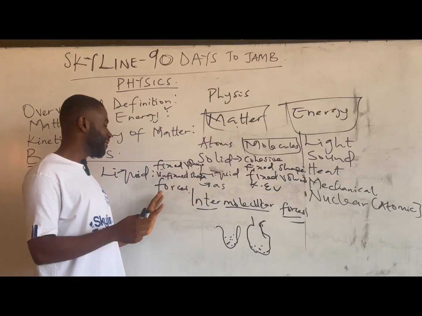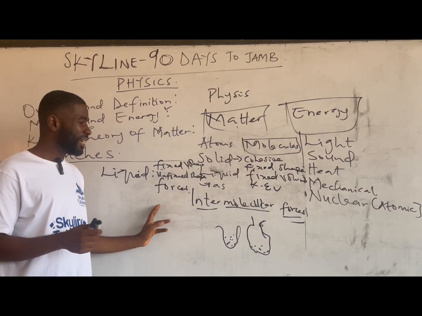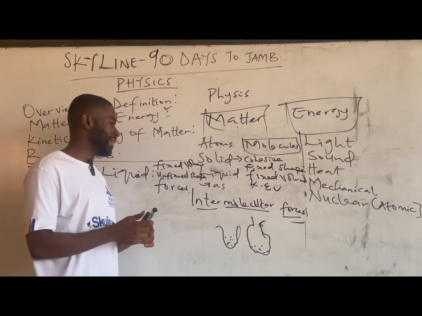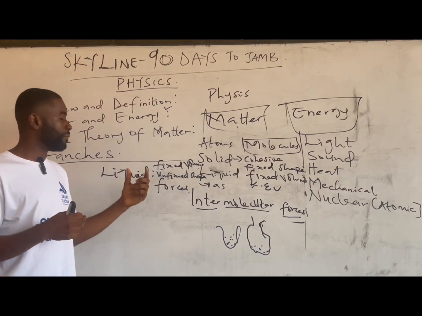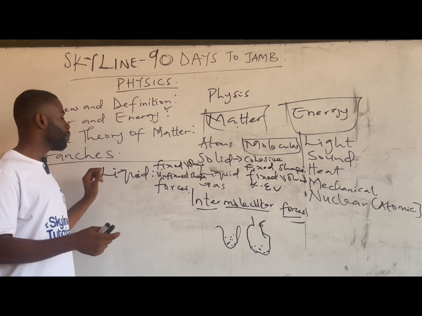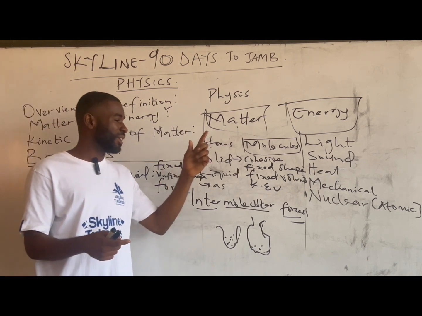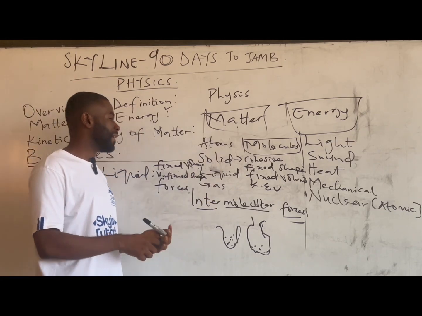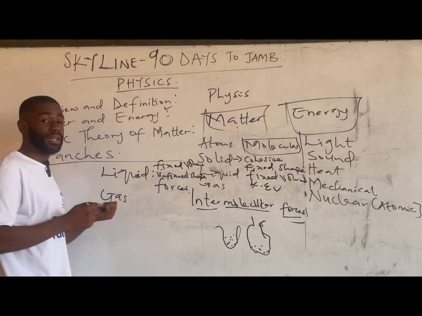The higher the forces, the lesser the kinetic energy. Usually, all the properties of these different states of matter are explained in relation to one another. So we say that liquids have intermolecular forces weaker than that of solid, but their kinetic energy is more than that of the solid.